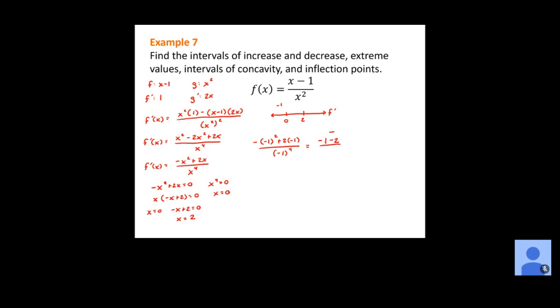Positive or negative? That's a positive, right? Because anything to the fourth power, it's an even power, should be positive. So overall now, when I divide these, what are we going to get? A negative, right? Because a negative over a positive should be a negative. So we get a negative down here. Any questions about how we got that?